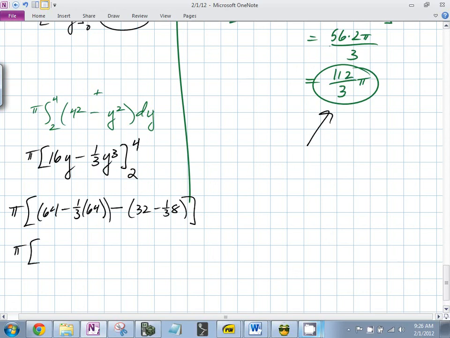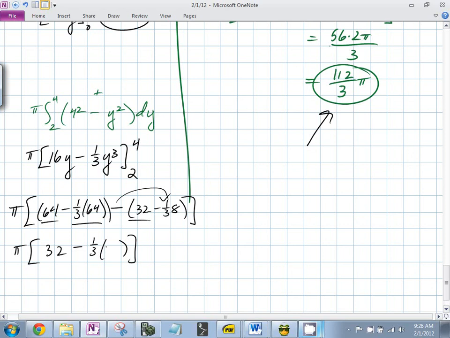So we have 32 minus 1/3 times 72. Do you see how I got that? It's 1/3 times 56, right? Look, 64 minus 32 is 32. I have negative 1/3 times 64 and positive 1/3 times negative 8. What is 64 plus 8?